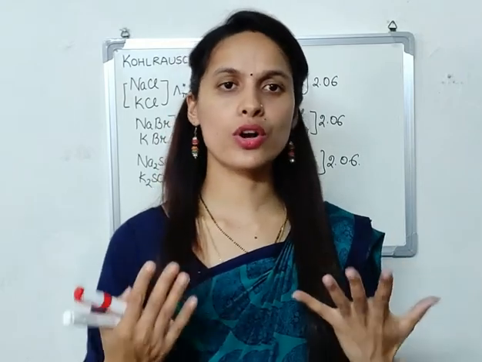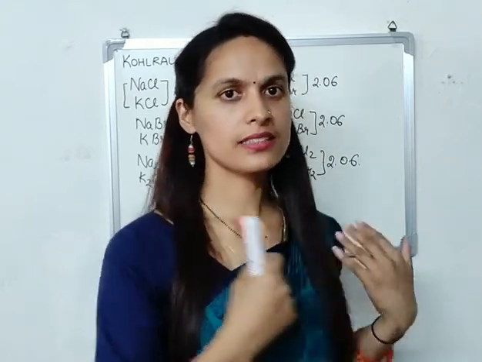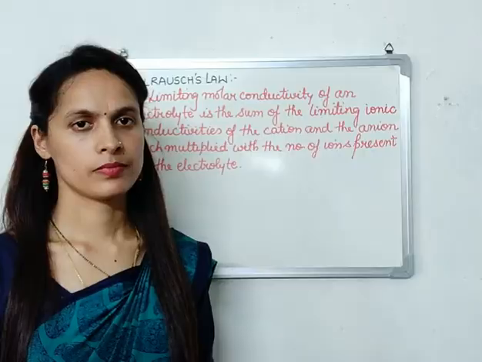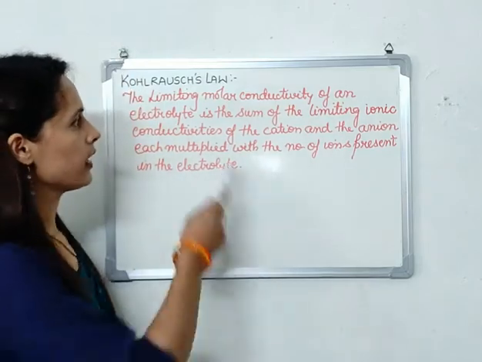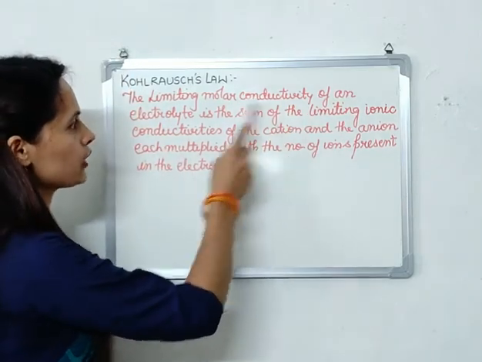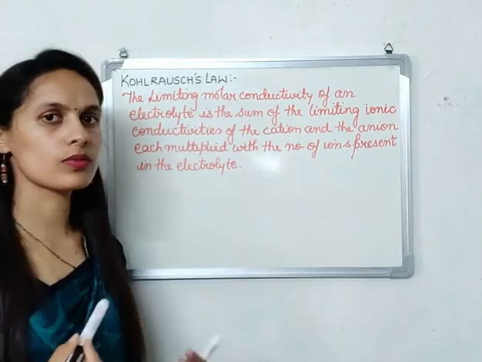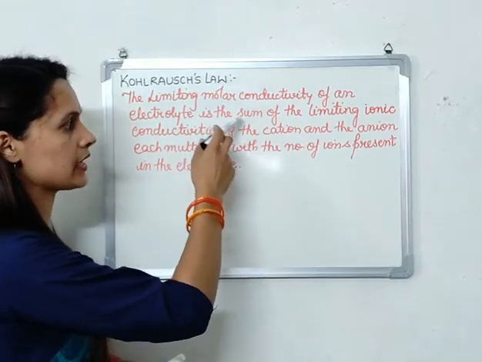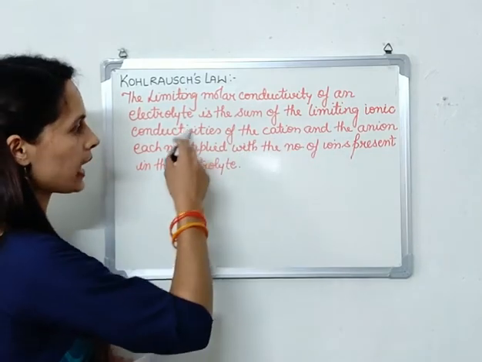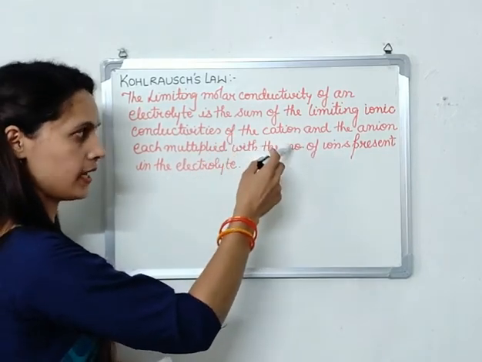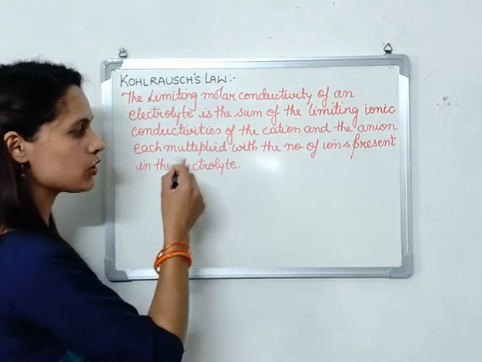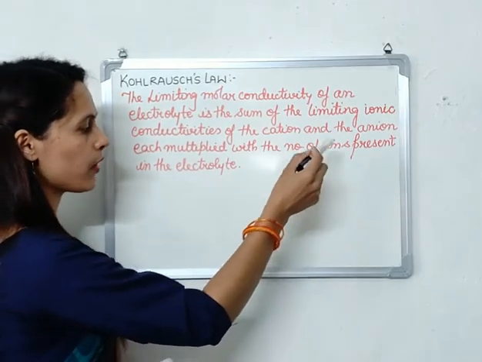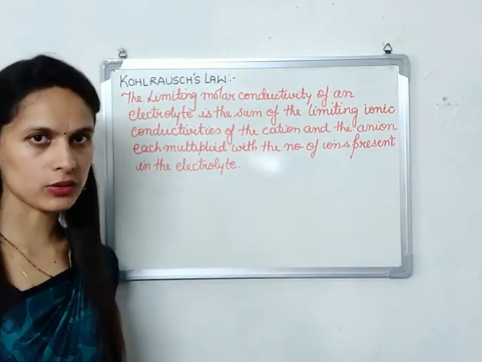And according to Kohlrausch's law, we will write the statement of the law now. This is the statement: the limiting molar conductivity of an electrolyte, whatever the electrolyte, is the sum of the limiting ionic conductivities of the cation and the anion, each multiplied with the number of ions present in the electrolyte.